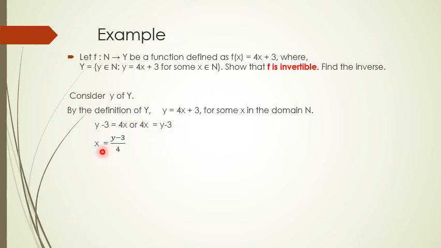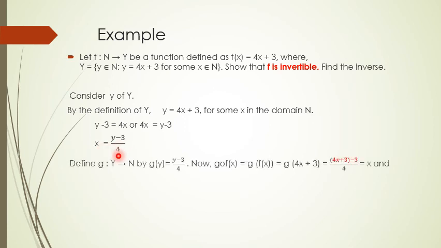That is, we get x equal to (y minus 3) by 4. So we can define another function g from Y to N by g of y equal to (y minus 3) by 4. Now, in the same method, we will find g composition f and f composition g.